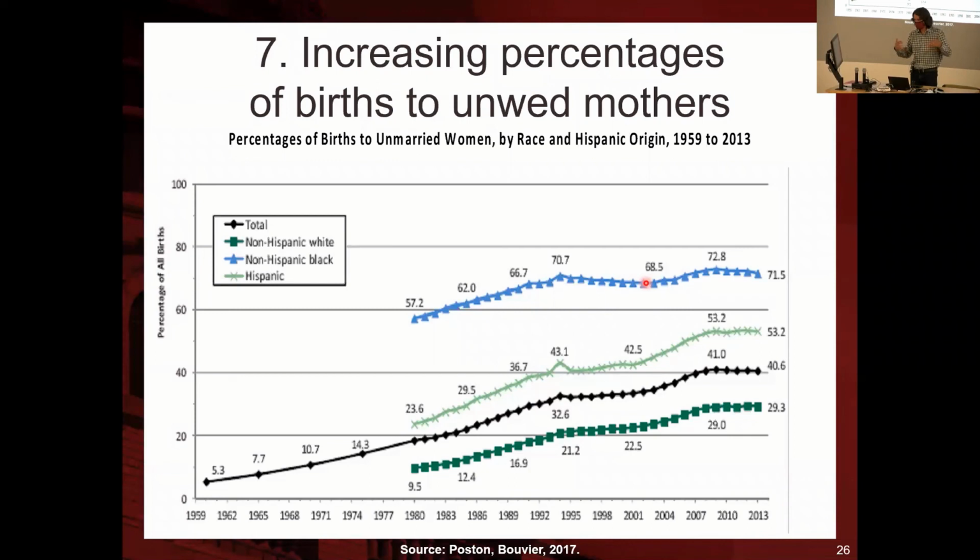So that's a different pattern. It's related to socioeconomic status, exactly because this group of the population have lower opportunities for jobs, for education. They postpone marriage, but they have children. And then you see this high percentage here that we see in this graph.